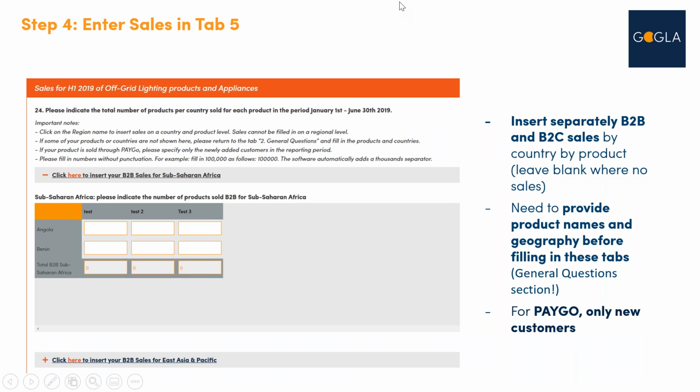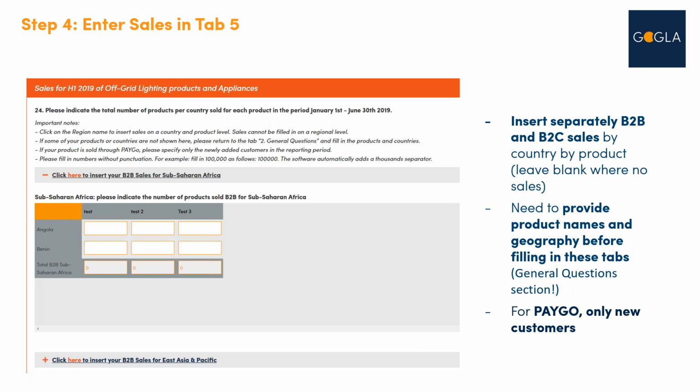Okay, now on to the actual sales data reporting part, the main part of the data collection. In the beginning, we had the mandatory questions where we indicated the countries that we made sales in, any sales.